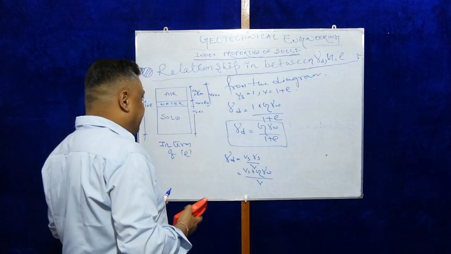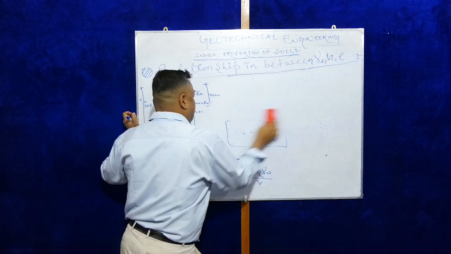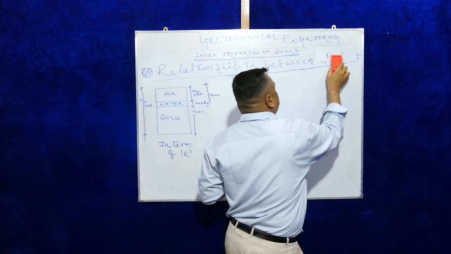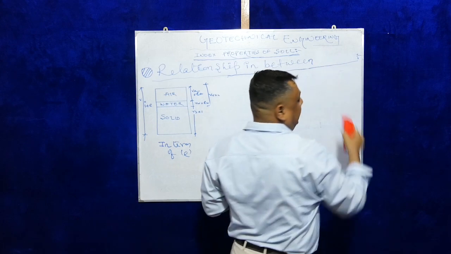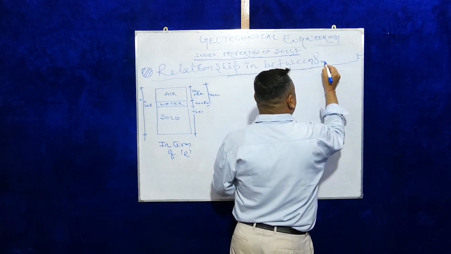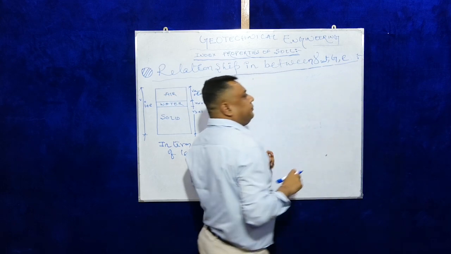The next relationship is the relationship between gamma sat, that is saturated unit weight, G and e.